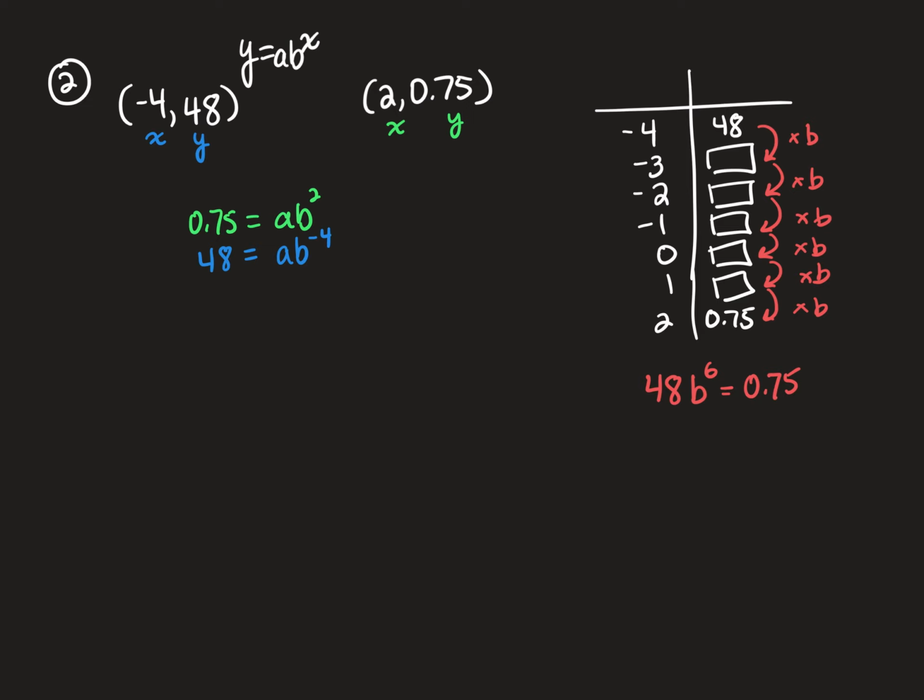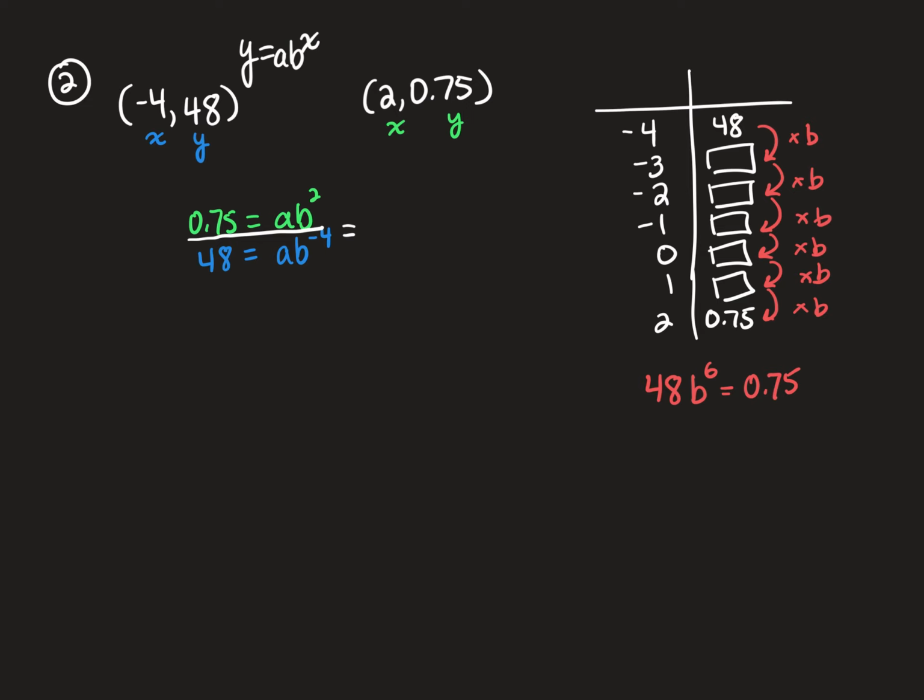So what we did here is we said we could divide the two equations and we're going to get something back. Now that something back is going to be whatever we get when we divide 0.75 by 48. Let me do that real quick here.